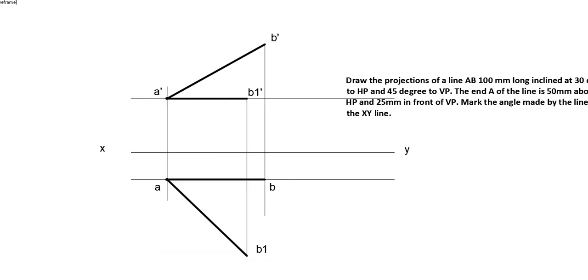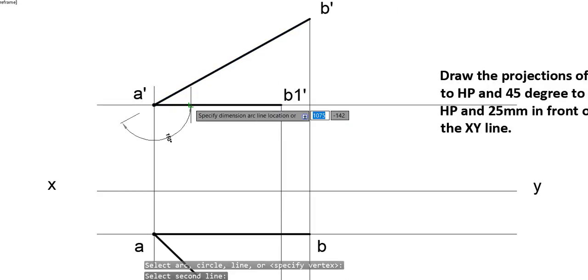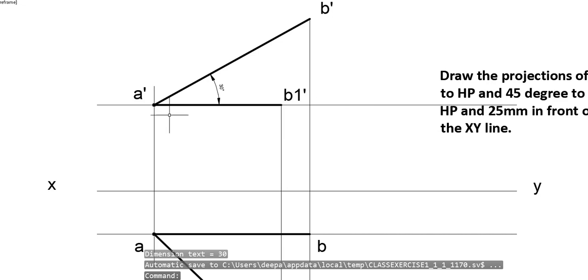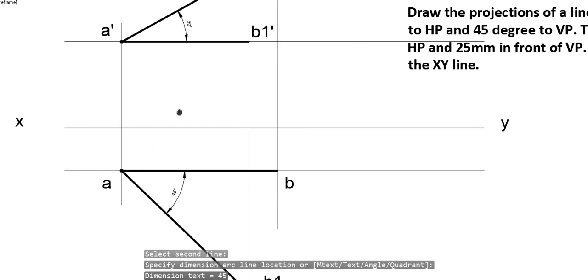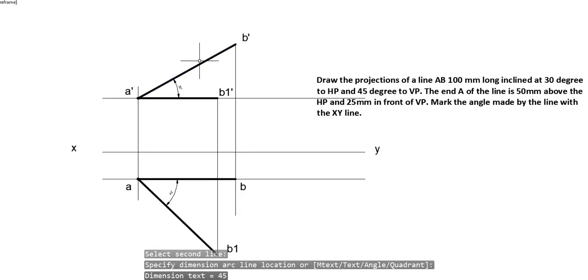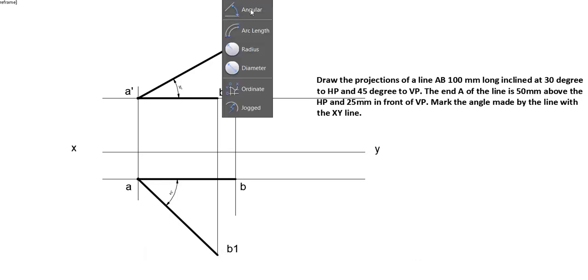Let me also mark the angles here. The angle here is 30 degree, the angle here is 45 degree, and this was the first assumed line, and it was showing its true length.